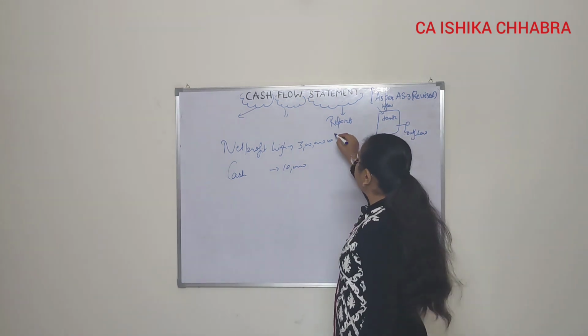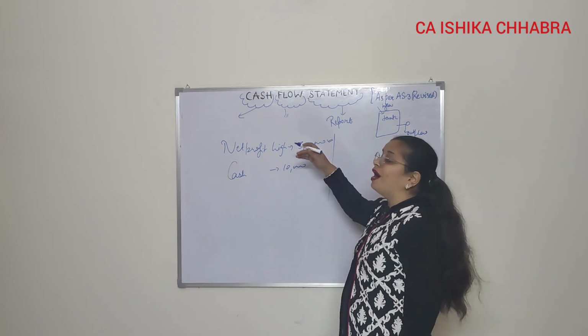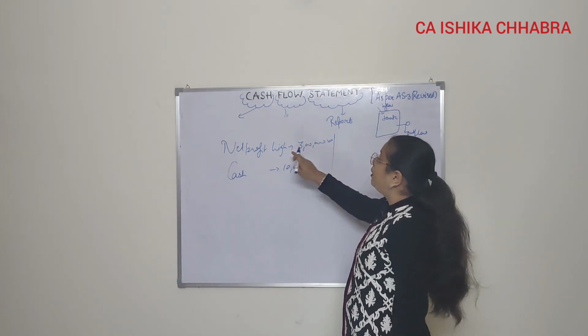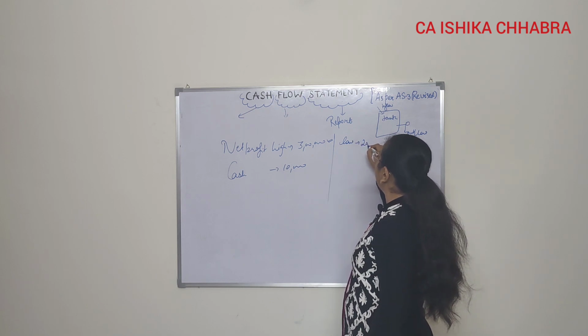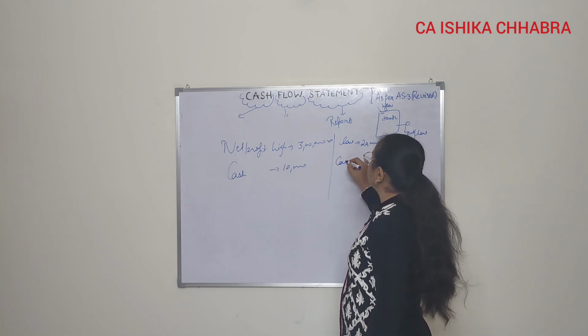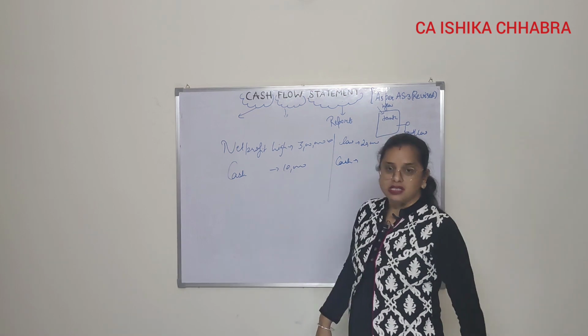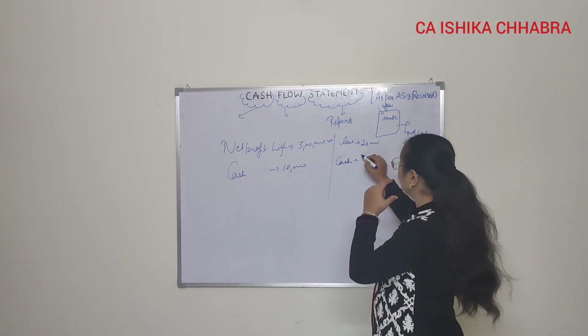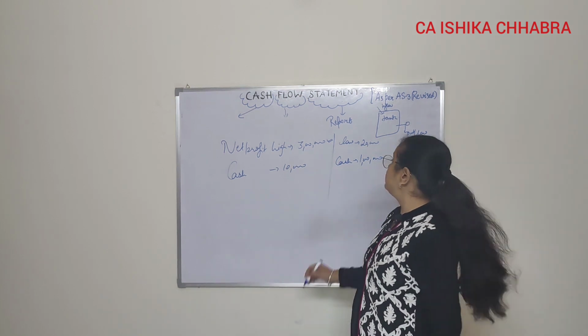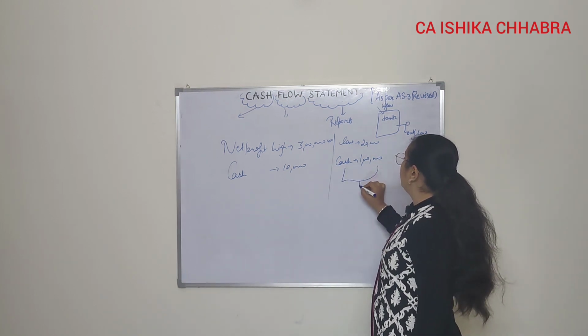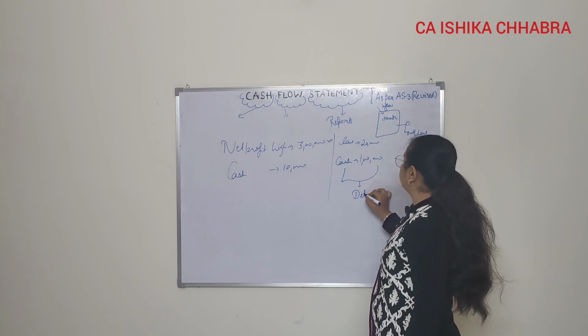And the example can go vice versa: net profit is low, only 20,000, but my cash or cash equivalents are 1 lakh. It may happen, and there are reasons. Here the reason is depreciation.